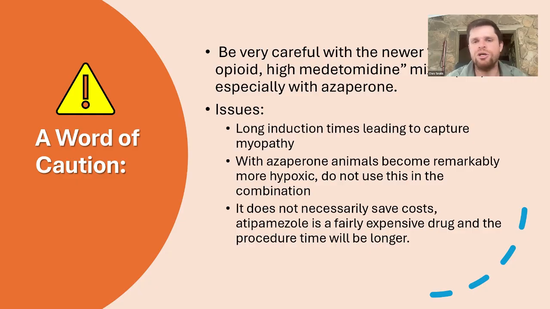And the recovery is much longer than if you are using just a potent opioid. So just be careful. If you do get one of the textbooks for wildlife capture, you might see this as an option, and the risks of the different protocols are not always explained very well. So it's important to make yourself familiar with these protocols.